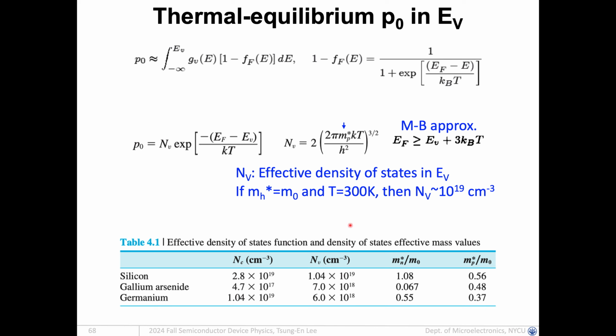For example, germanium's effective mass is lower than silicon's, so it has a higher mobility, but it also has a relatively lower effective density of states in the conduction band and valence band. So it is good for mobility, but there is also a lower density of states issue. There is a trade-off you need to think about.